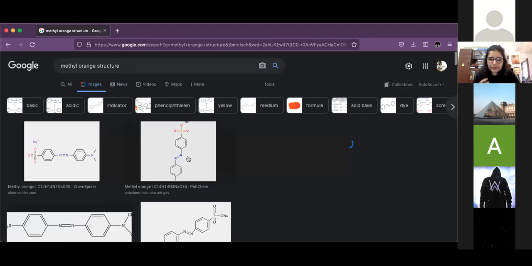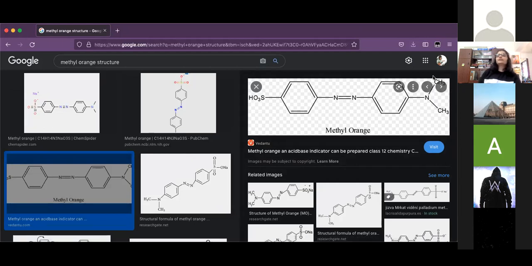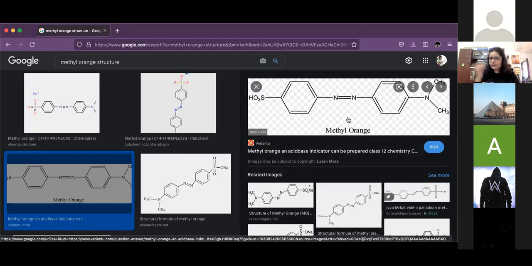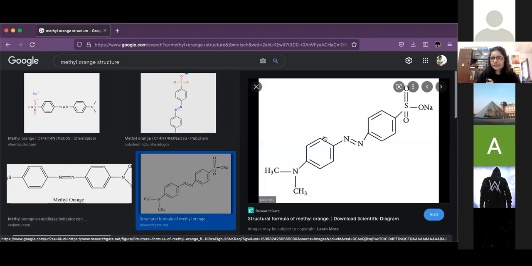This is methyl orange, and I think the name comes from the fact that there are 2 methyl groups over here. If this was not there, it would be called something different. So this is another representation of it, mirror image. You have 2 benzene structures. This is an organic compound that's a lot more complicated.